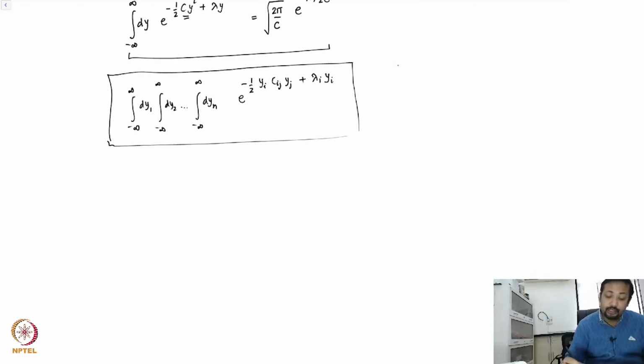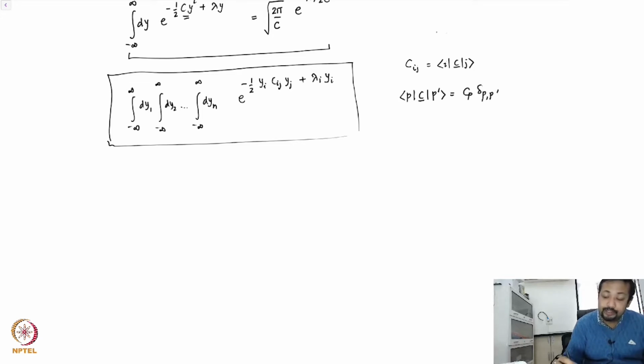For this, I have the matrix Cij. Now I can diagonalize this matrix and determine the orthonormal eigenfunctions, so that P C P prime becomes Cp delta P P prime.